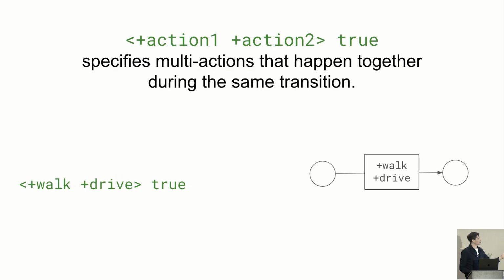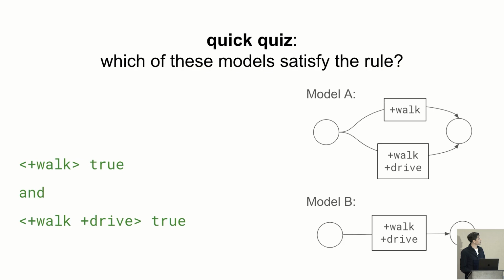We're also going to allow multi-actions. So in a single transition, we're going to be able to do multiple things. You might want to do this because, atomically, you have single steps, okay? So when we want to do multi-actions, we're going to put a plus sign here. So here we have diamond plus walk plus drive, true. We walk and drive. Okay, quick quiz. Which of these satisfies the rule?